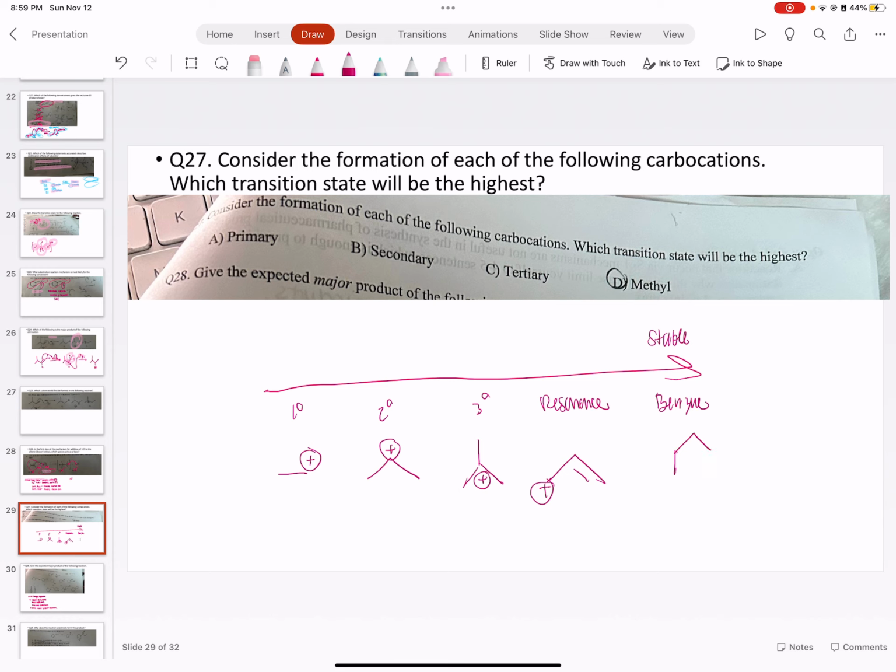And then we have a benzene that is like this. Just for purposes of you being able to see why this one's more stable, we have more resonance on benzene.